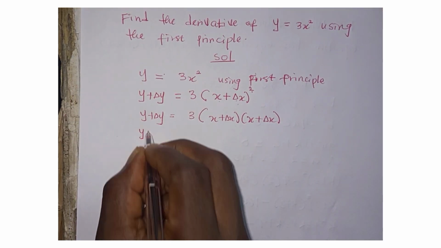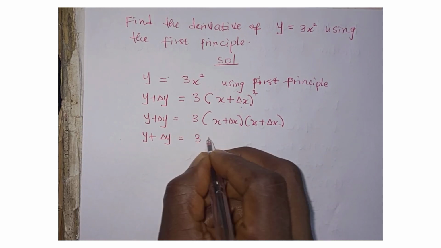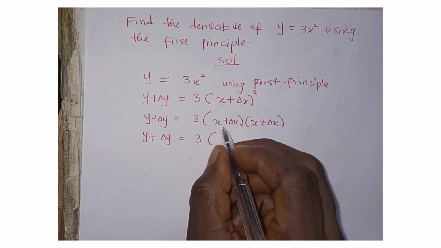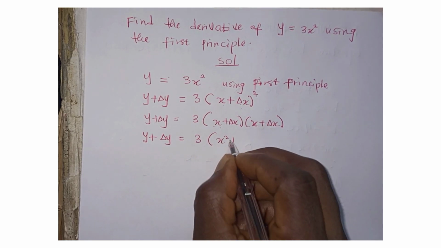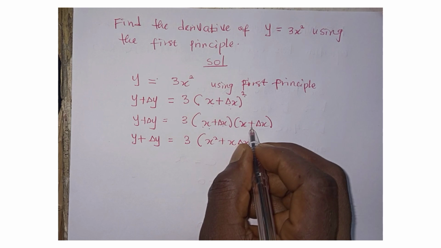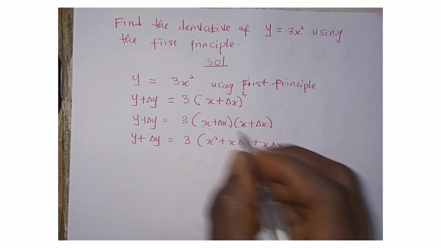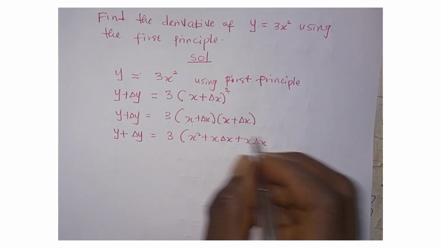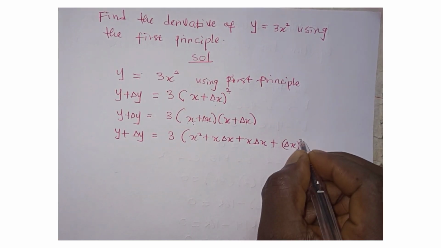So it will now be y plus change in y equal to 3 into bracket. I will expand. x times x will give me x squared. x times change in x will give me x change in x. Change in x multiplied by x will give me also plus x change in x. And change in x multiplying change in x will give me plus change in x all squared.